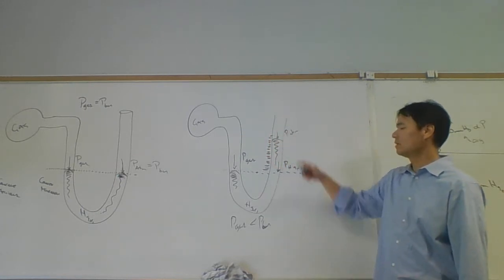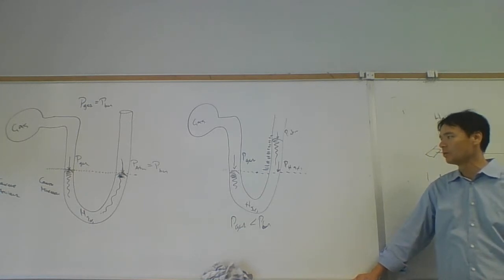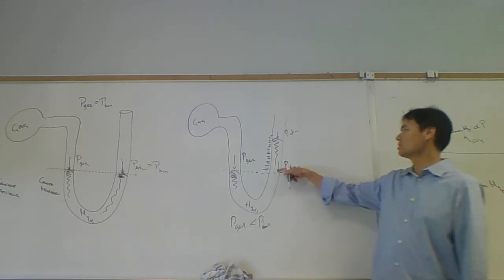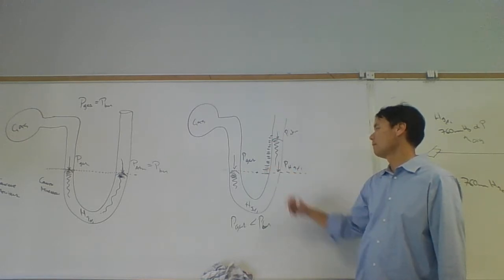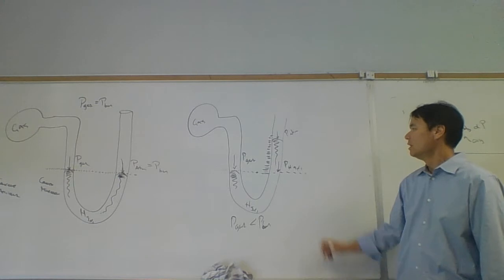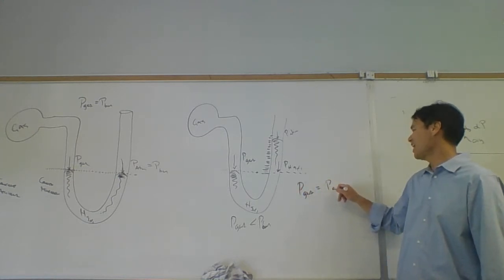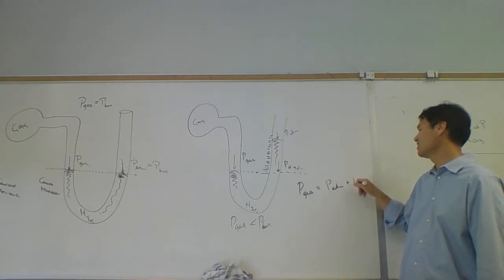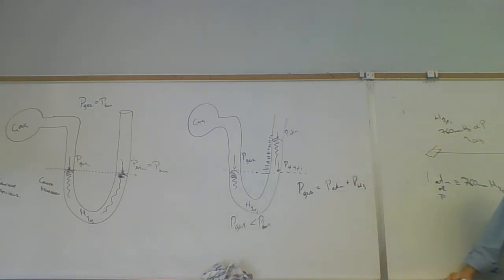Because the atmosphere I'm going to get in terms of how many millimeters of height of mercury I have from the barometer. And so I'll just measure the height of this from this point here, to this point. So the weight of the gas is equal to the weight of the atmosphere, or the barometer, plus the weight of the mercury. So I use atmosphere and barometer interchangeably here.